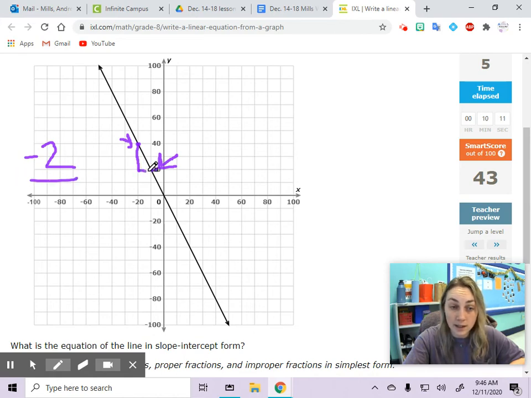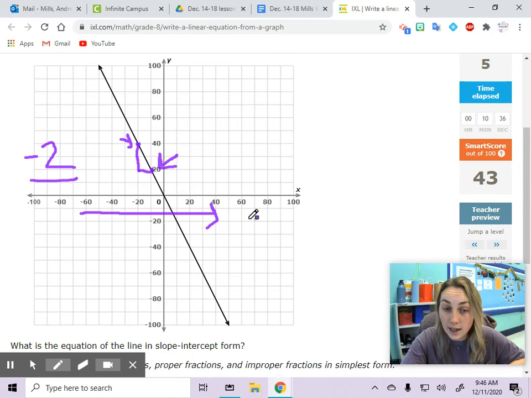And then I ran, and running when you're doing a graph is always going to be positive because you always read a graph from left to right. So you will always move from left to right. Therefore, it is always going to be positive because if you read a number line, reading from left to right will always increase. Negative 20 is smaller than 20. 60 is smaller than 80. So when you read from left to right, it always increases.